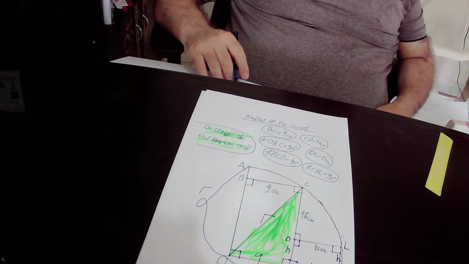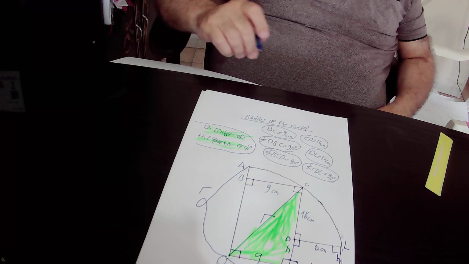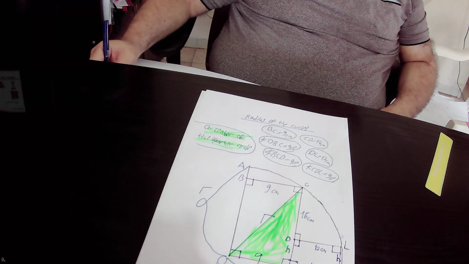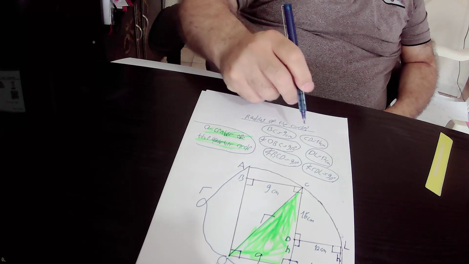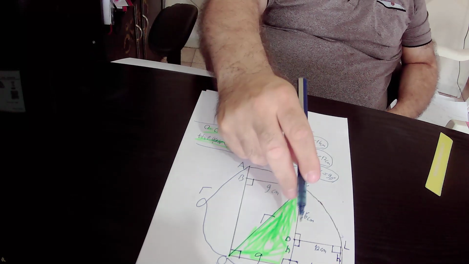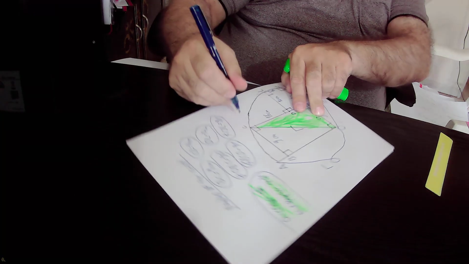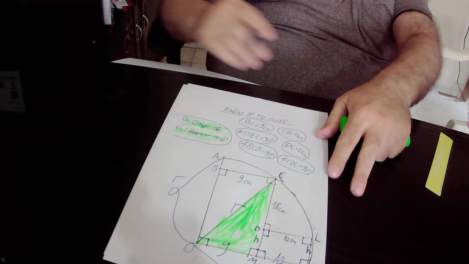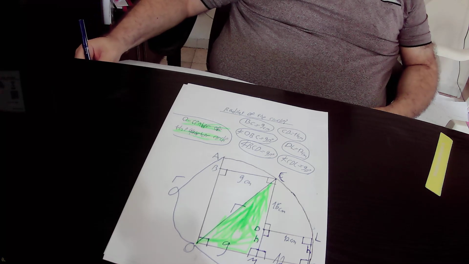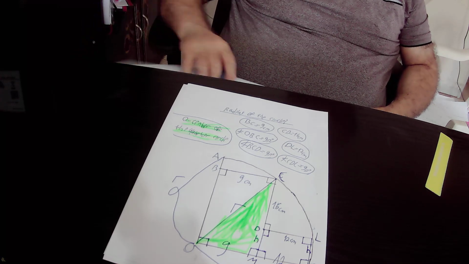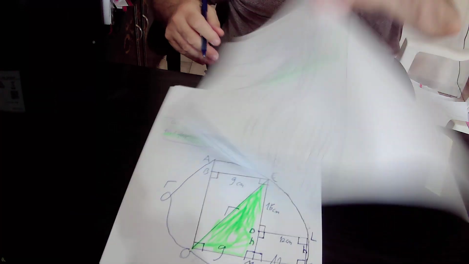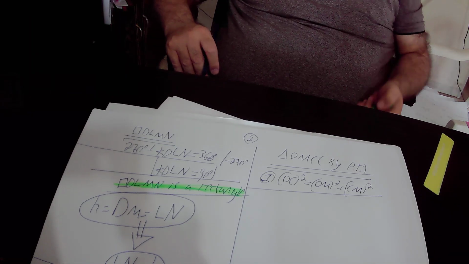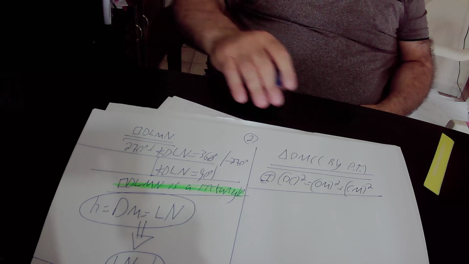That is to say, it must be equal to OM squared plus CM squared. I'll repeat again. In the right triangle OMC, according to the Pythagoras theorem, OC squared equals OM squared plus CM squared.